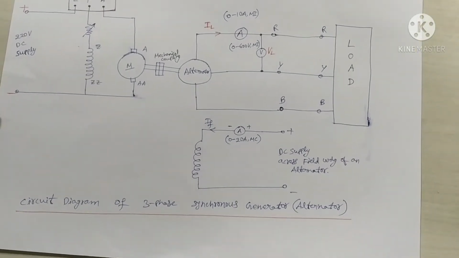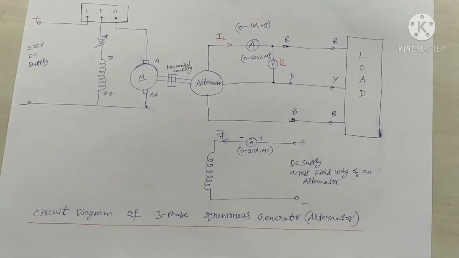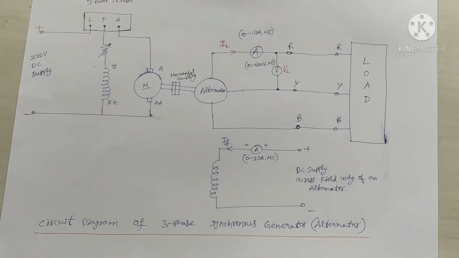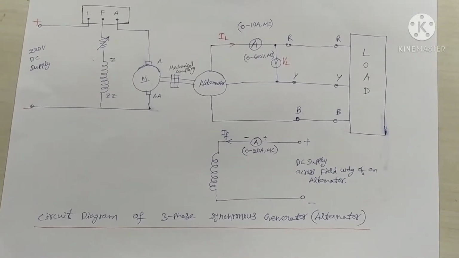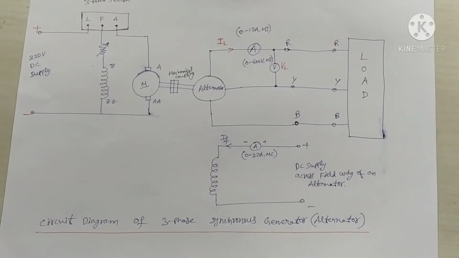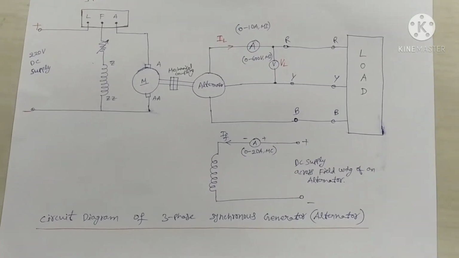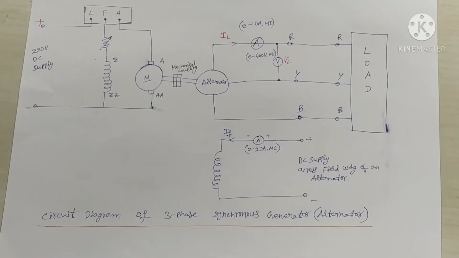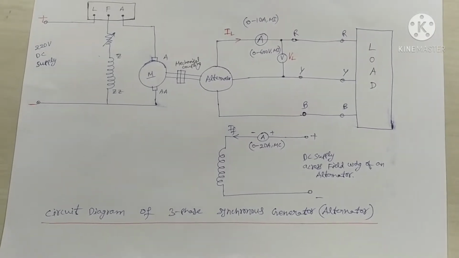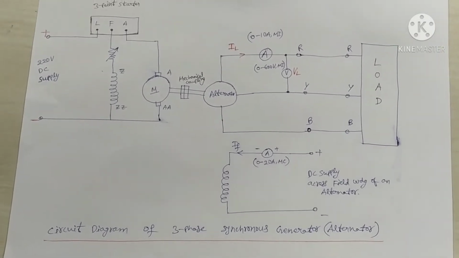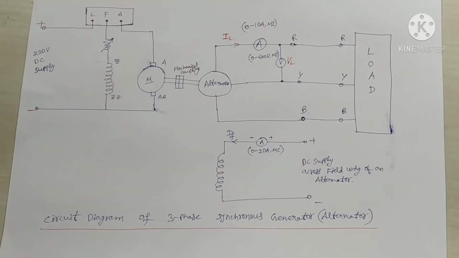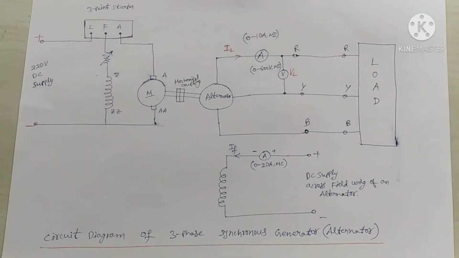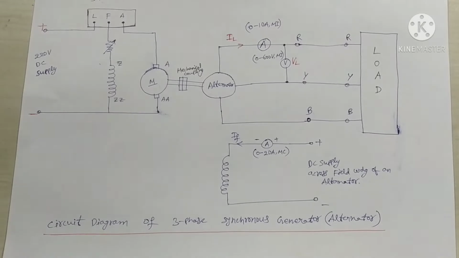The procedure for this experiment is we have to vary the load current from 0 value to near the rated load current values in steps, and at each load step we have to maintain the rated speed of the prime mover, that is 1500 rpm, by adjusting the external field winding resistance of the DC shunt motor, and also we have to maintain the rated terminal voltage across the stator winding terminals of an alternator by adjusting the DC supply which is given to the field winding of an alternator.